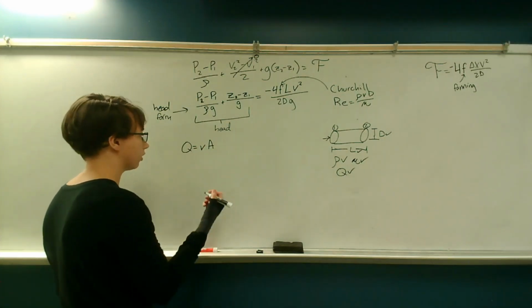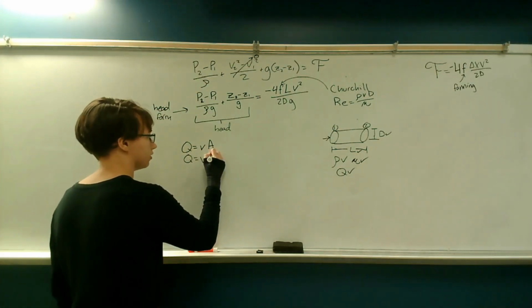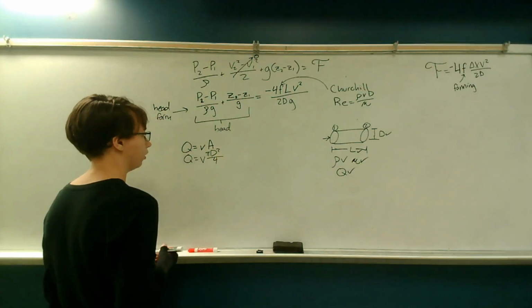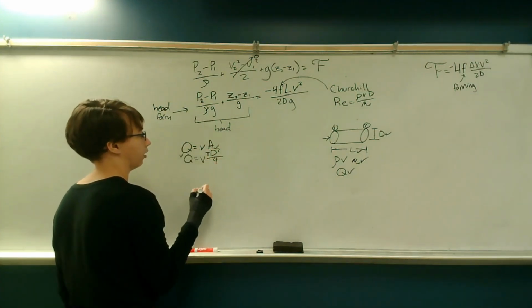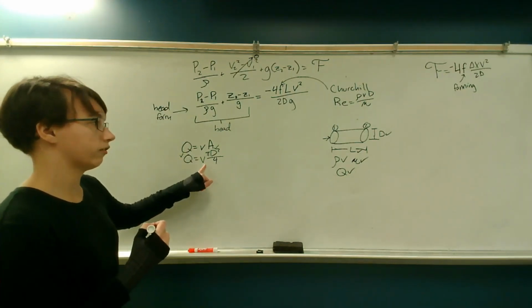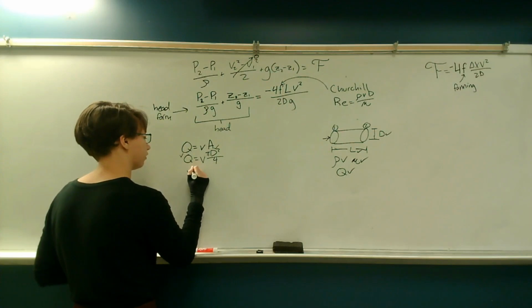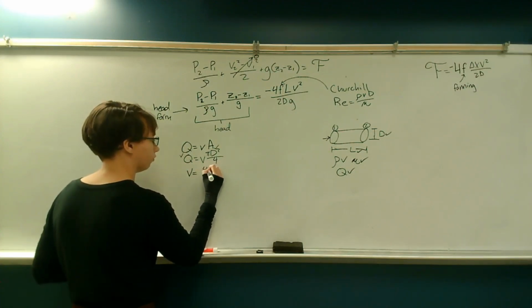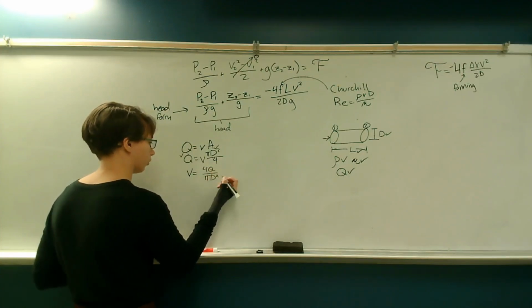And for the circular pipe that we have, the cross-sectional area is pi D squared over 4. So then at this point we know Q, we know the diameter, so we can solve for the velocity and plug that in everywhere else. So the velocity is equal to 4Q over pi D squared.